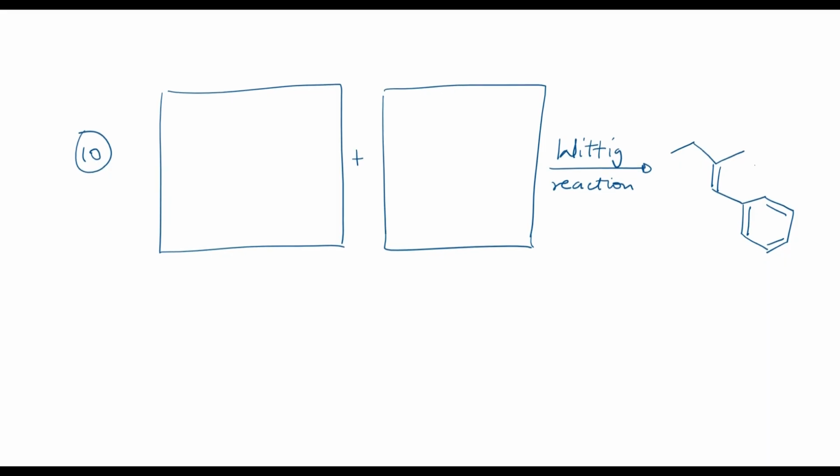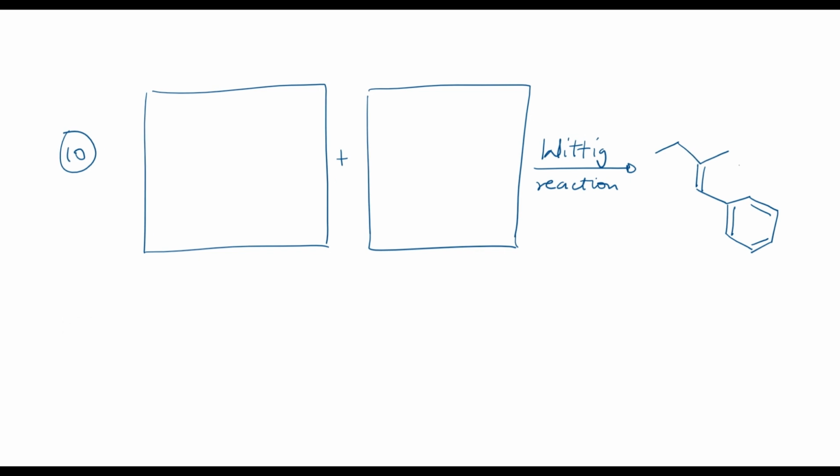This question asks us to predict the starting material that will make this product. Now, since the reaction is a Wittig reaction, there are two reactants that are usually combined to form the product. These are a carbonyl compound, such as a ketone or an aldehyde, and an ylide reagent.